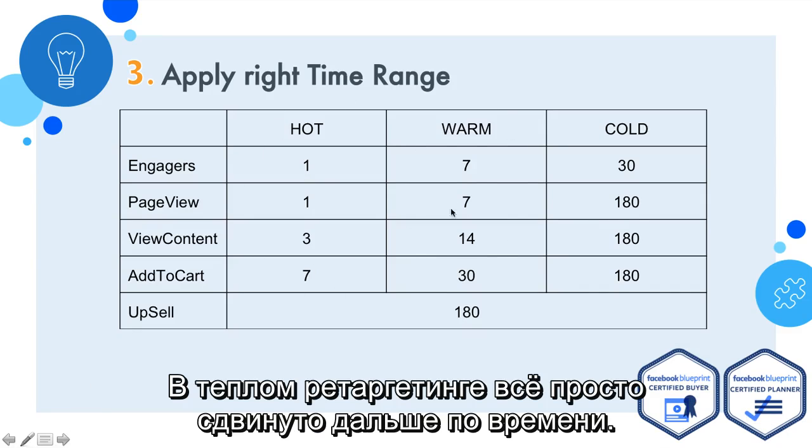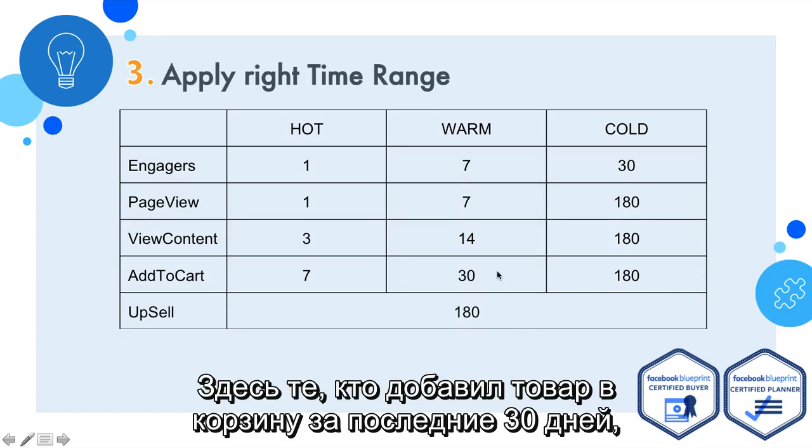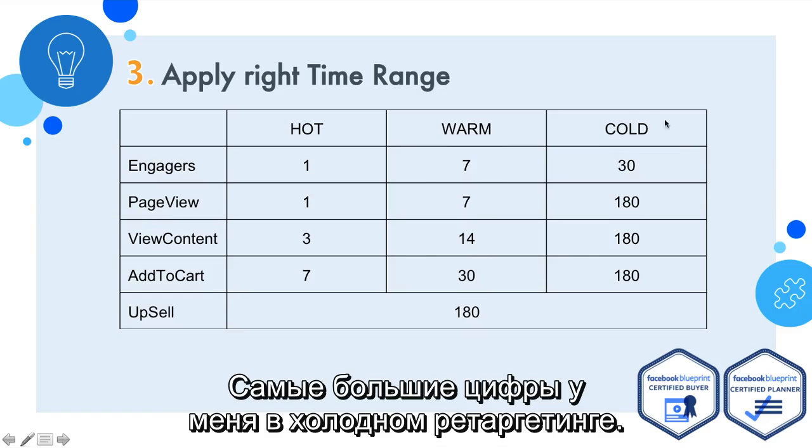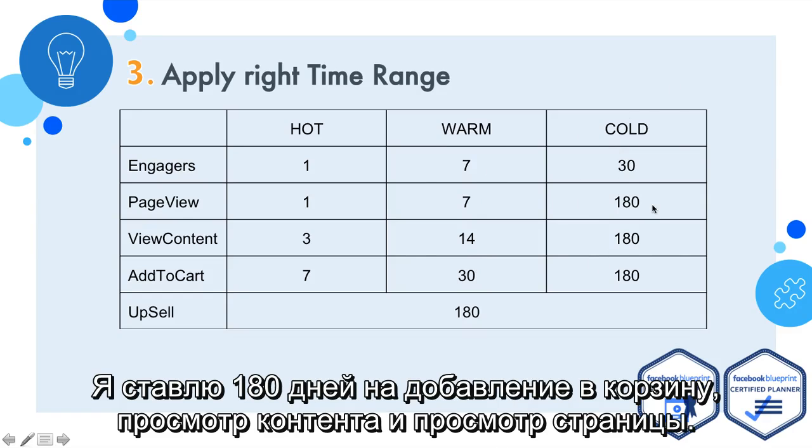Then in warm, it's basically just everything shifted one level further in the timeline. So everyone that's added to the shopping cart in the last 30 days, but did not purchase, view content 14, so on and so forth. And the biggest that I go for my cold retargeting audiences in add to cart, view content, and page views is actually 180 days.